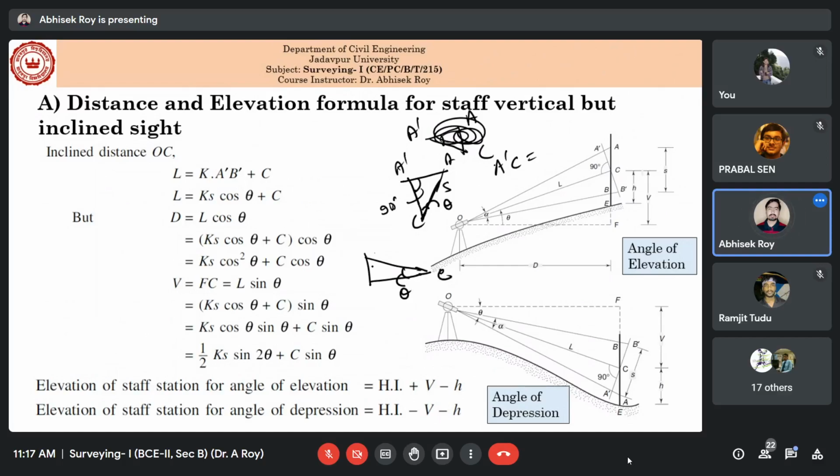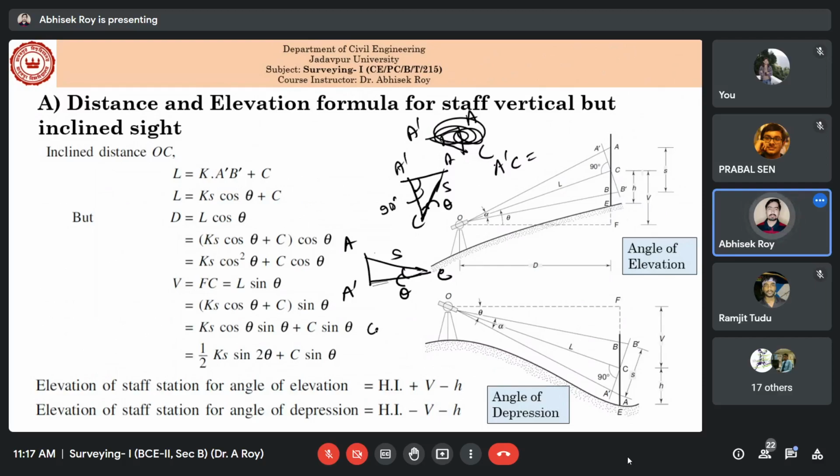This is theta, this is C, this is A, and this is A dashed. So your S is basically AC, this part, and this part you have to determine, A dashed C. So how will we determine?